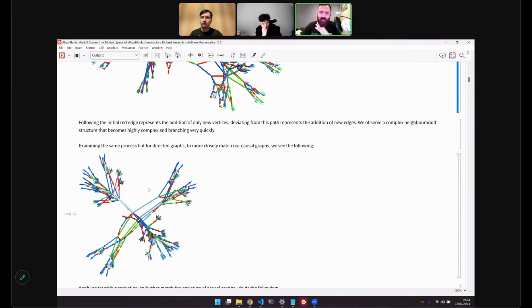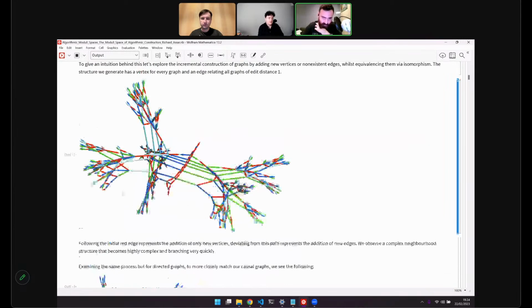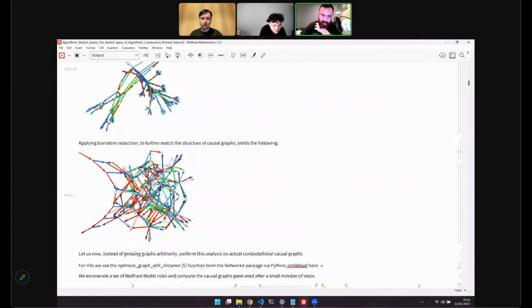And when we add constraints, the behavior of the structure changes. So this is undirected, this is directed, and this is directed with transitive reduction. You can see it becomes a lot more tangled and interesting in the transitive reduction case. I don't know what to make of it though. It's very interesting.